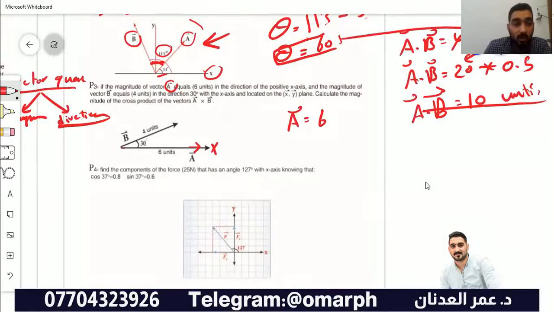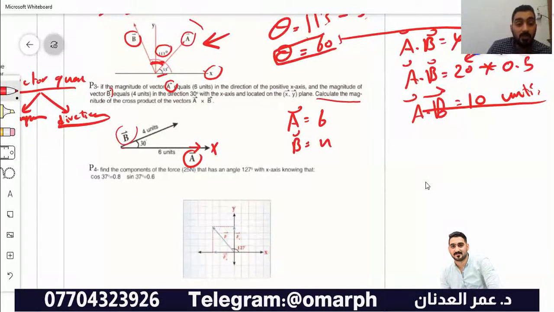And the magnitude of vector B equals 4 units, in the direction that makes an angle of 30 degrees. This means the angle is between B vector and A vector, with the x-axis, and located in the xy plane.